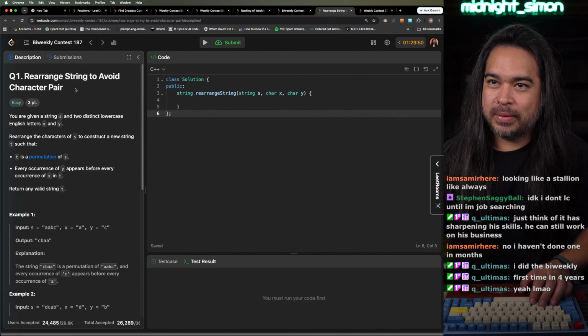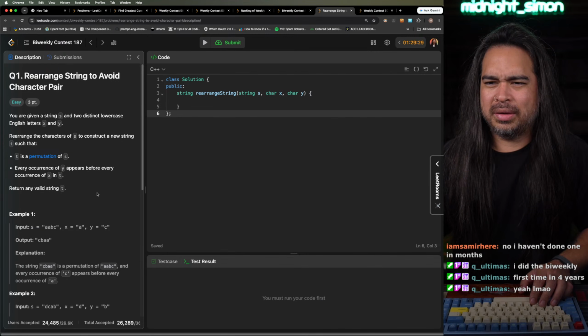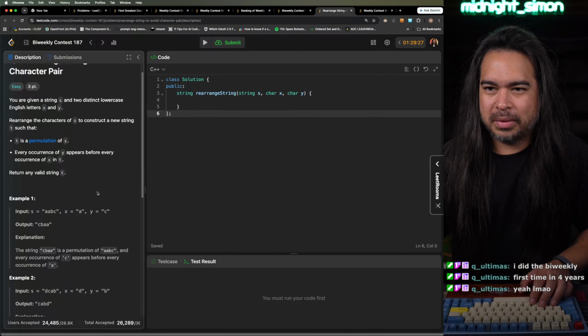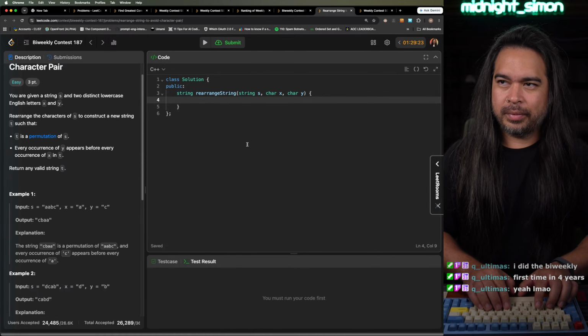Rearrange string to avoid character pair. You're given a string S and two distinct lowercase English letters X and Y. Rearrange the characters of S to construct a new string such that T is a permutation of S and every occurrence of Y appears before every occurrence of X in T. What? Okay.